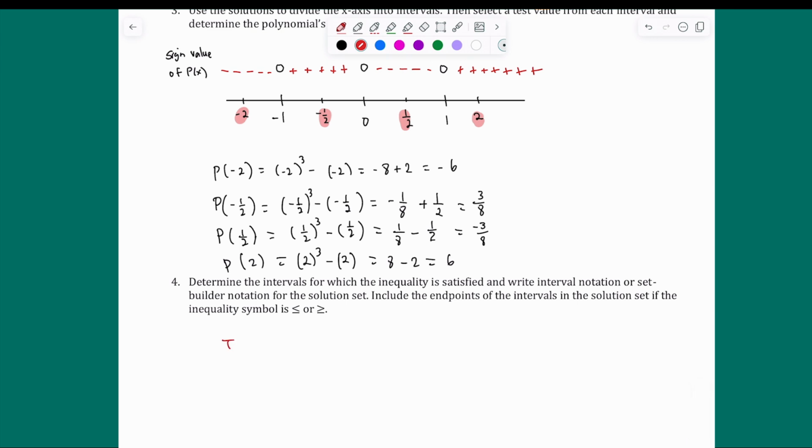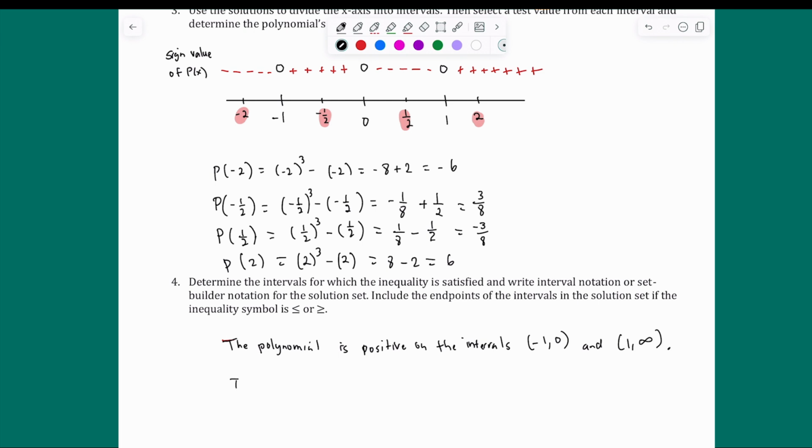All right, so the polynomial is positive on the intervals: the open interval from -1 to 0, and the open interval from 1 to infinity.